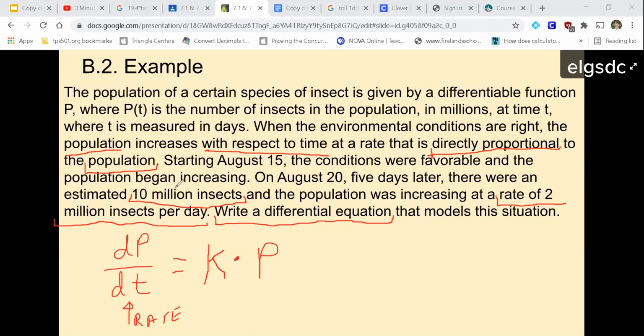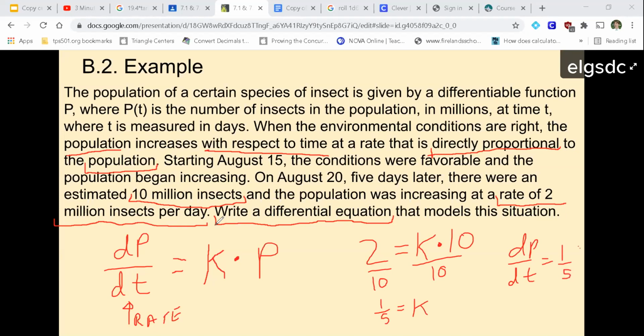When the population is 10, the rate is 2. So if we plug in 2 for the rate and 10 for the population, then K is a fifth. So dP/dt is equal to 1/5 P.